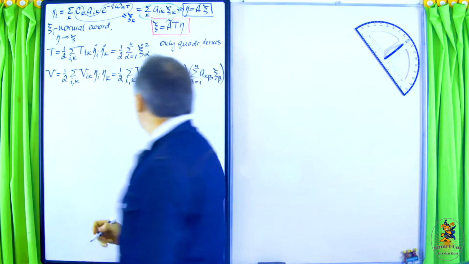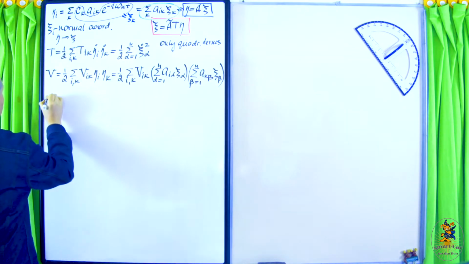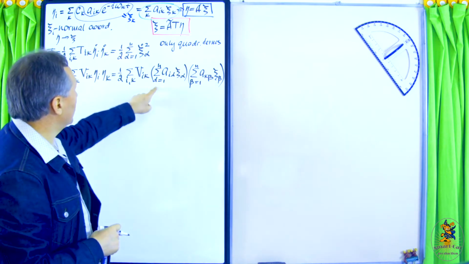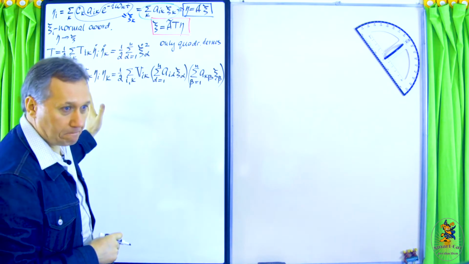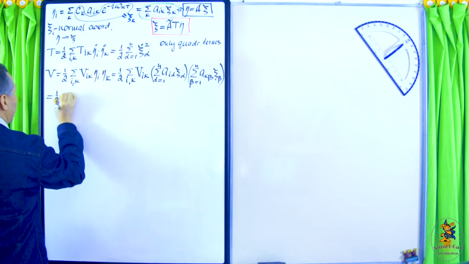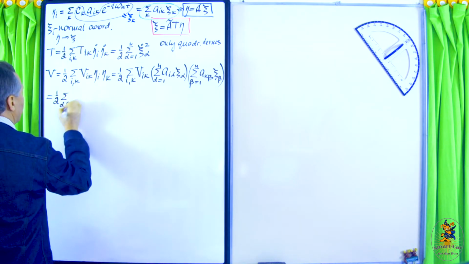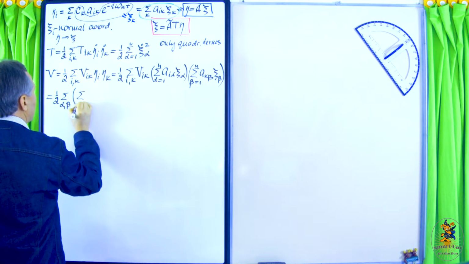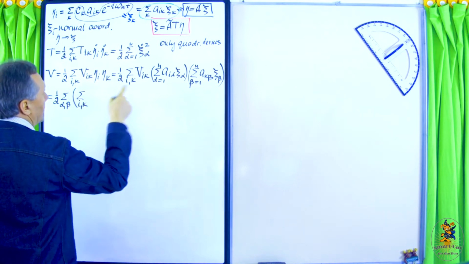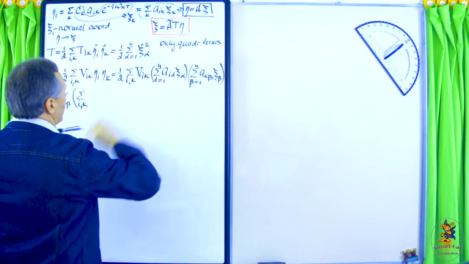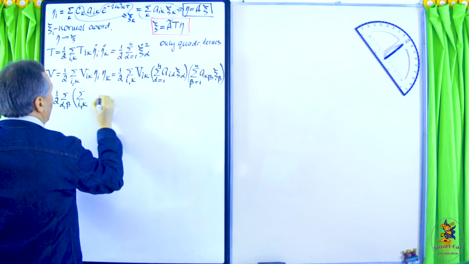So now let's arrange it in a better way. Let me take these two sums outside. 1/2, of course, summation over alpha beta, and then in the parentheses I will keep summation over ik, and now let me arrange this. You see it.